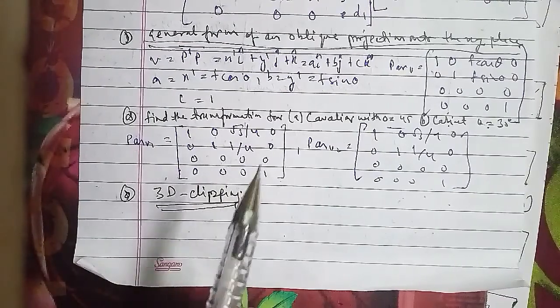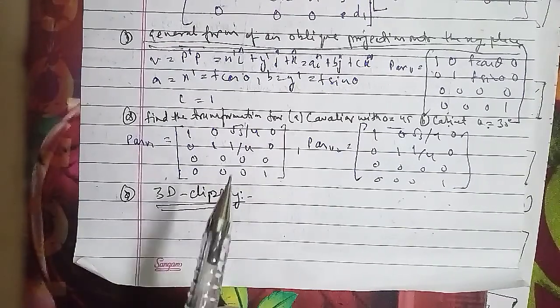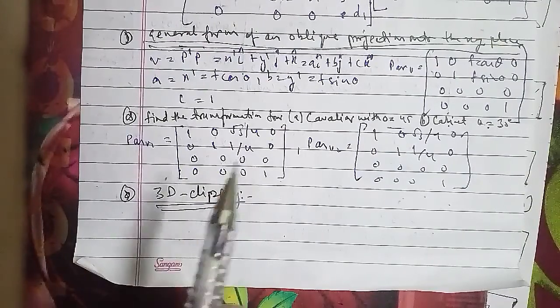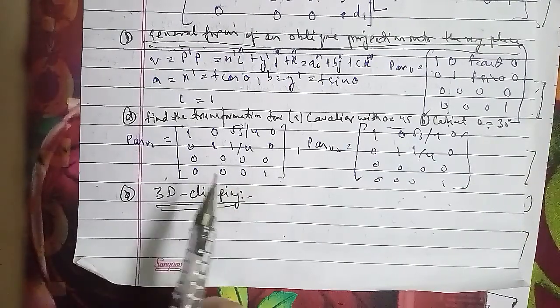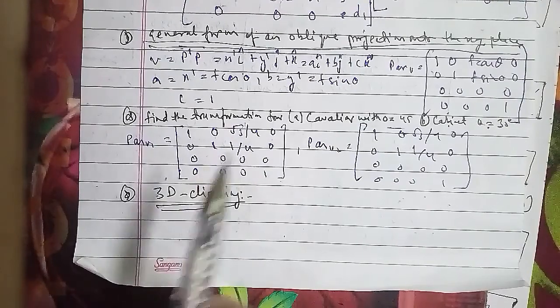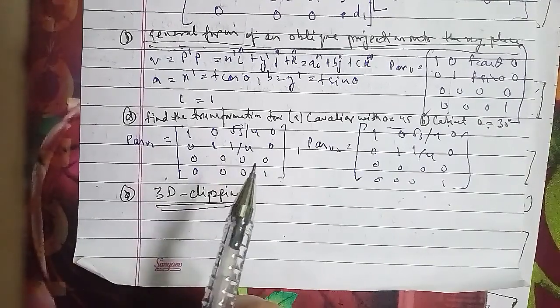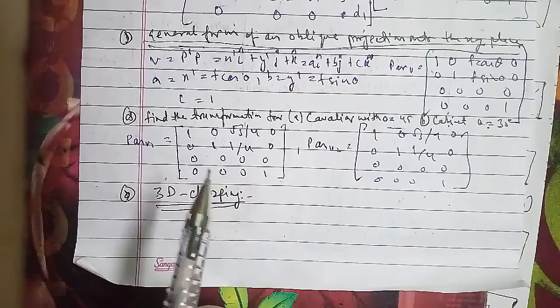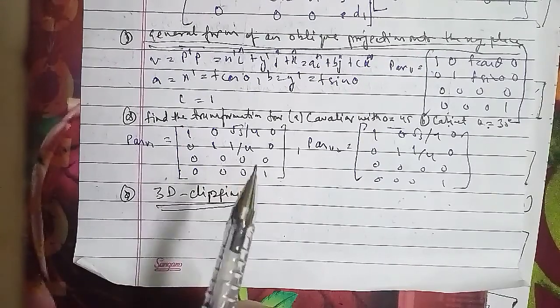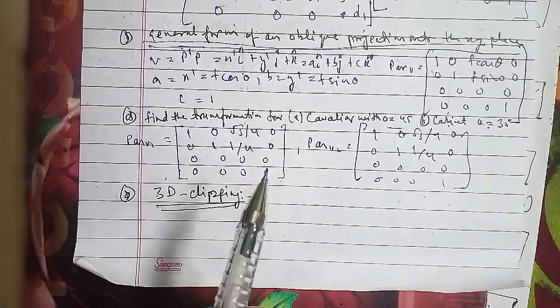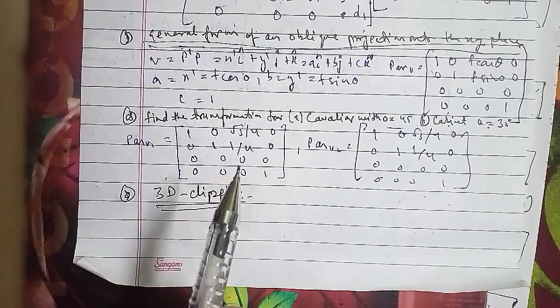Instead of clipping against straight line window boundaries, we now clip objects against the boundary planes of the view volume. And to clip a line segment against the view volume, we need to test the relative positions of the line using the view volume boundary plane equations as well.